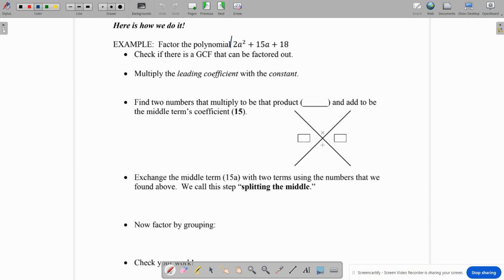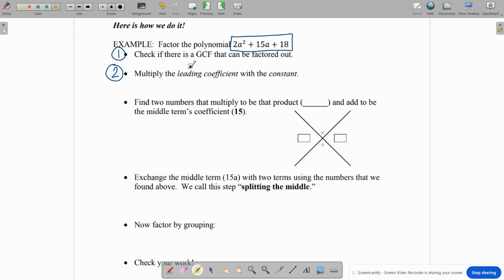So I have the polynomial 2a squared plus 15a plus 18. The first thing you always want to do, step one, is always to check if there's a GCF. 2a squared plus 15a plus 18, the only factor that all three terms have in common is 1, so we're not going to be able to do anything there. Step two, multiply the leading coefficient with the constant.